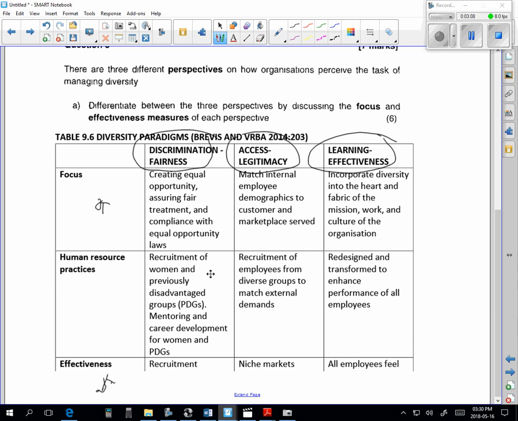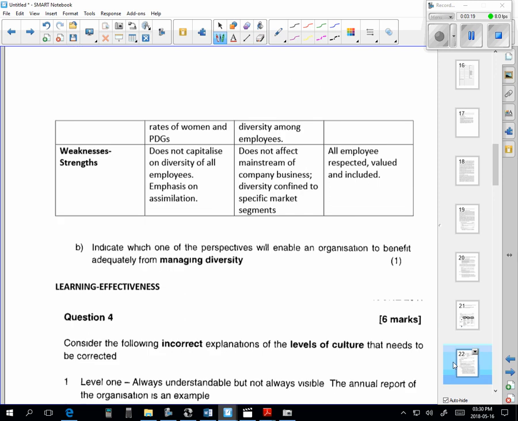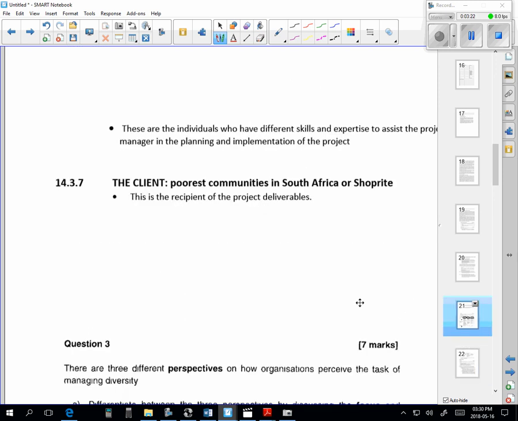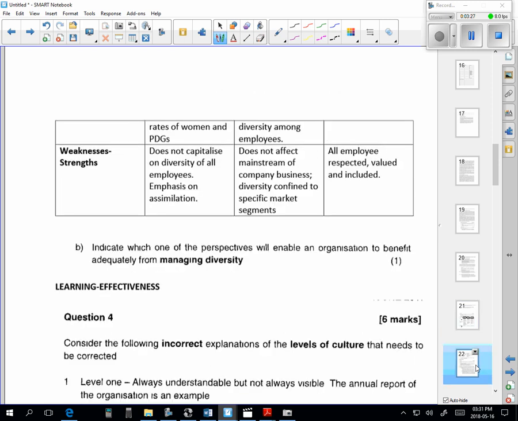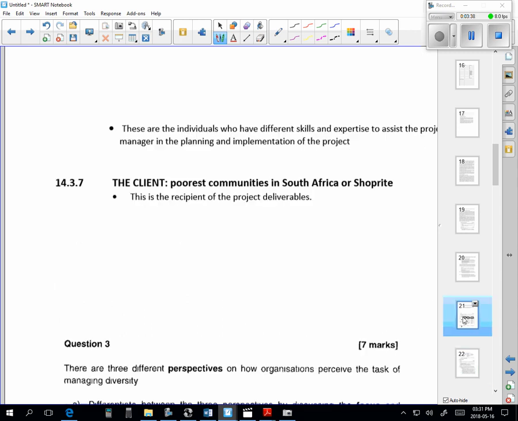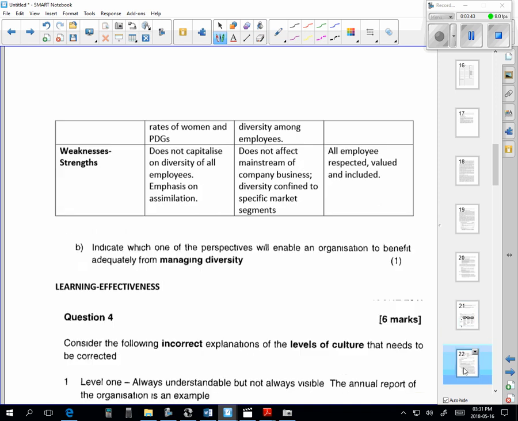When we're discussing your effectiveness, to make sure that we've got discrimination and fairness, our recruitment programs. Let's see what I've got here. Recruitment rates of women and previously disadvantaged groups, and what is the other one that we had to do? It was access. Access does not affect the mainstream of the company.